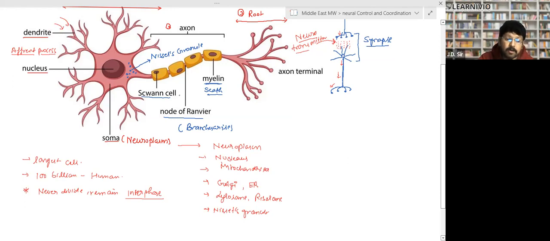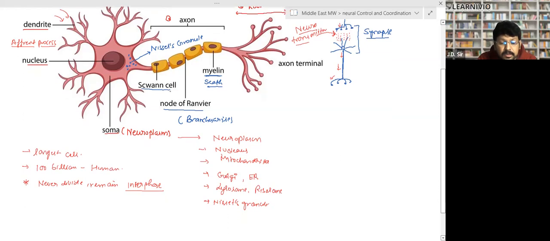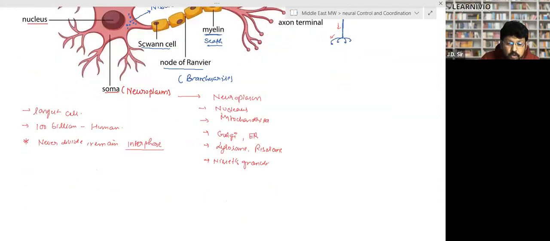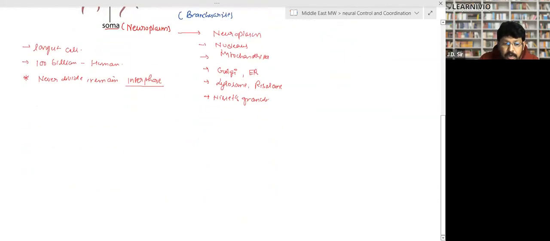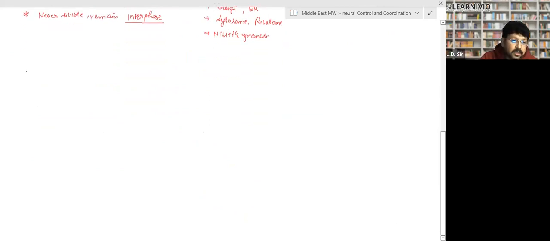The cell membrane of the axon is called axolemma, and its cytoplasm is called axoplasm. Full stop.